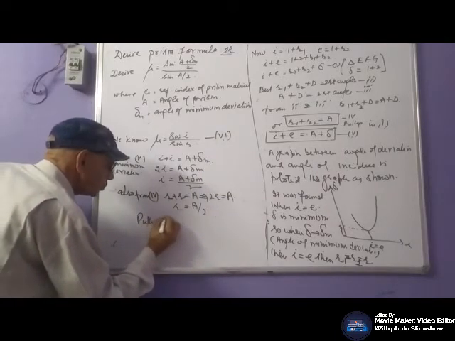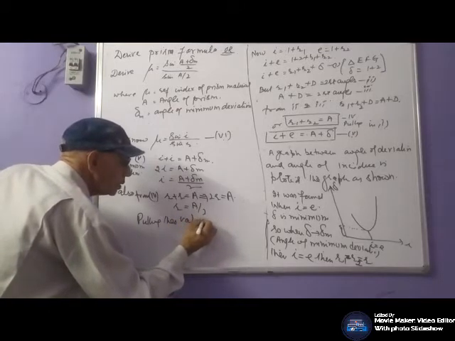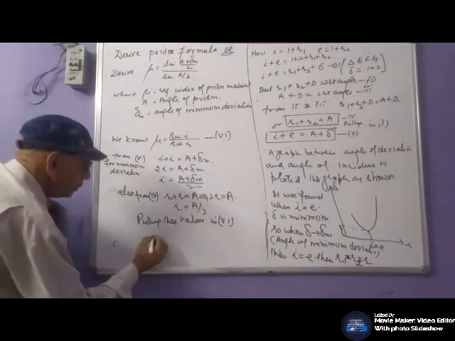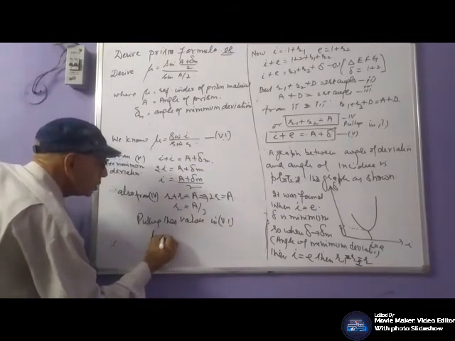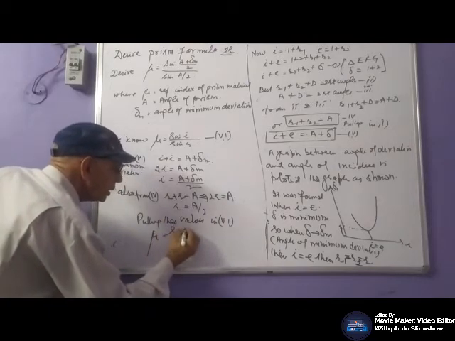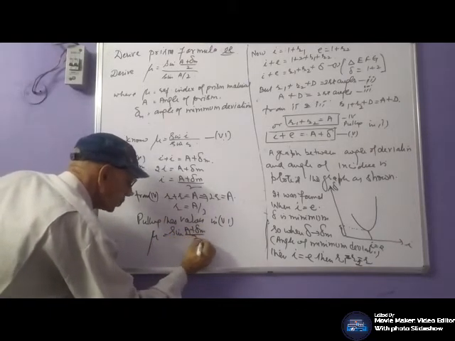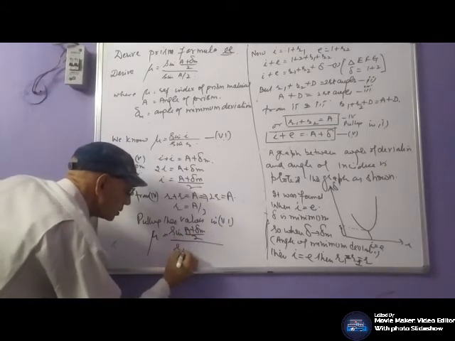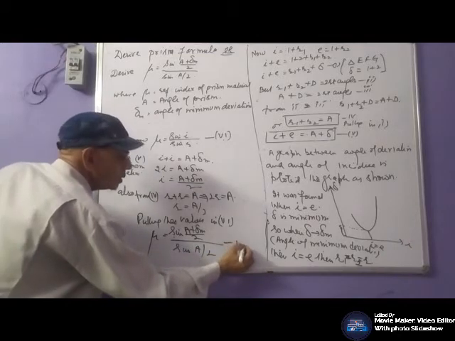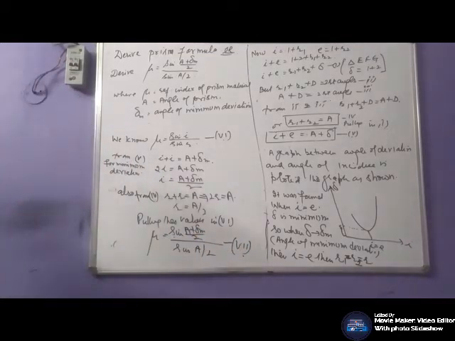Putting these values in sixth, mu is sin I, which is A plus delta M by 2, by sin R, sin A by 2. To derive, this is the prism formula.